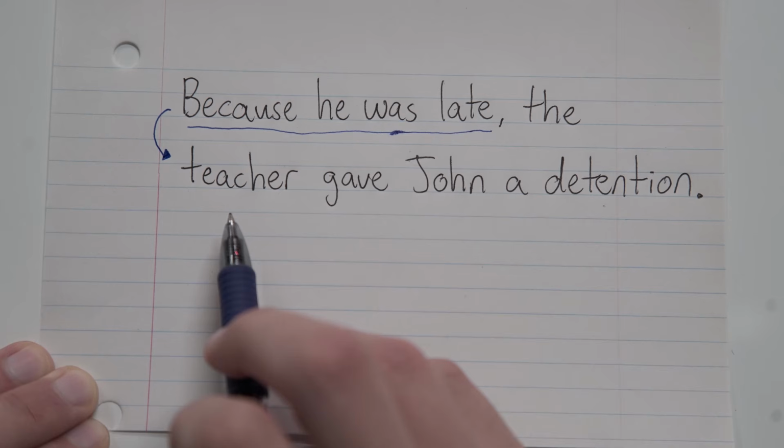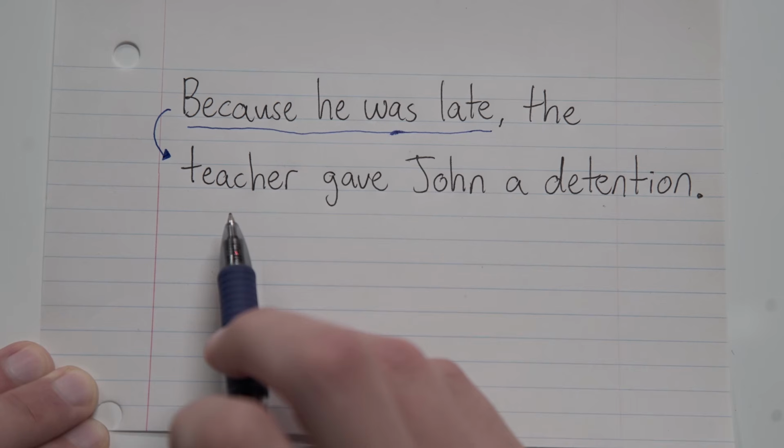Okay. So how do I change this sentence so that it actually makes sense? Think about it. And the answer is, no matter what you do, you just need to make sure that the modifier is connected to John, not the teacher. So what I would do, personally, is just take out the word teacher entirely. Because if the teacher is male, we might actually have two people who the word he could refer to, and that could get very confusing.